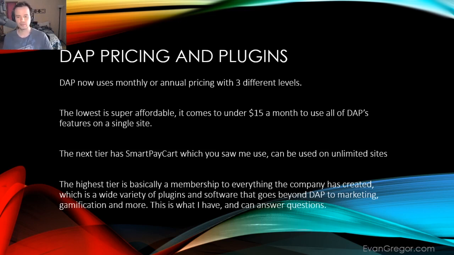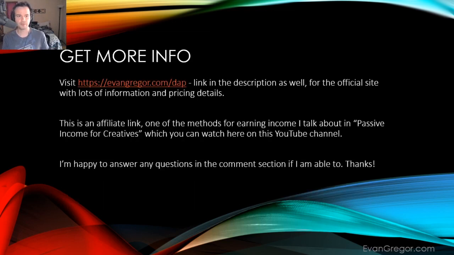There's marketing software and all different things that really go beyond Digital Access Pass. So I have that. I have the highest version of it. Like I said, I kind of went all in with this, seeing how well it actually works for me and what I need. So I can answer specific questions if you take a look at the page and want to know about any of the products or anything. If I've used them, I've had them.